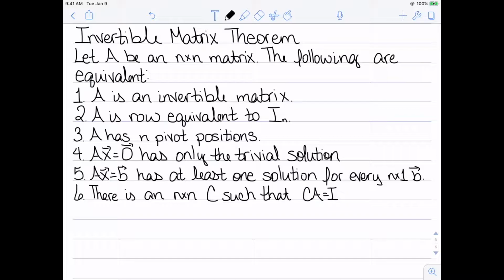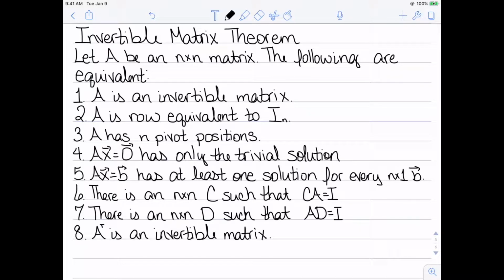Part 6, there is an n by n matrix C such that C times A is equal to the identity. 7, there's an n by n matrix D such that A times D is equal to the identity. And then finally, part 8, A transpose is an invertible matrix.